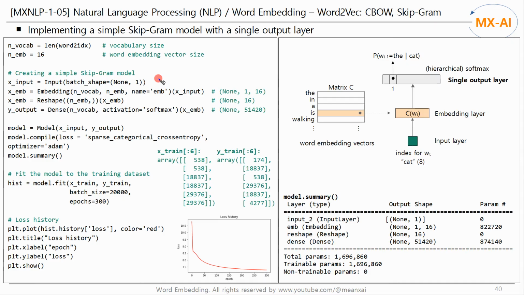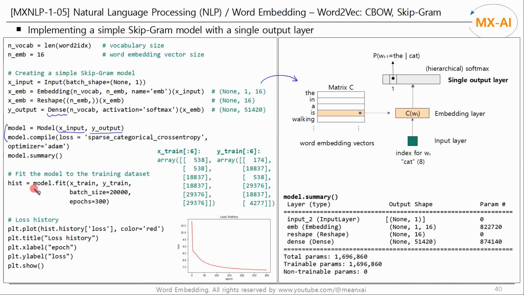Next, create a simple skipgram model. Same as the previous code, but with one output layer. Create a model and compile it. This model has one input and one output. The structure of this model is shown in the figure on the right.